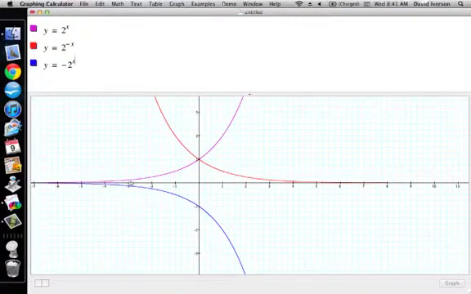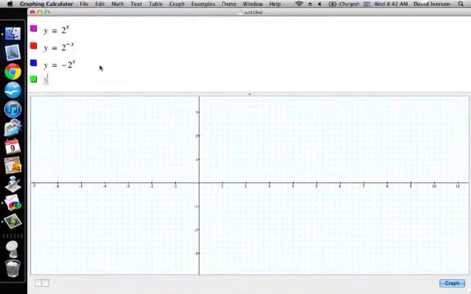So here I've got my purple is 2 to the x, my red is 2 to the negative x, my blue is negative 2 to the x, and then guess what the next one's going to be? Negative 2 to the negative x.